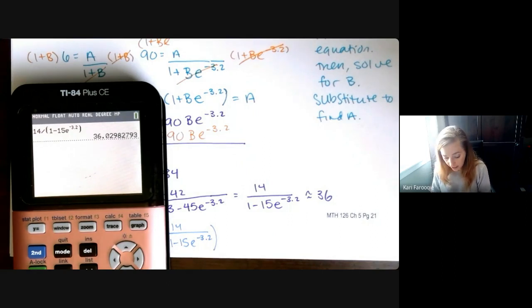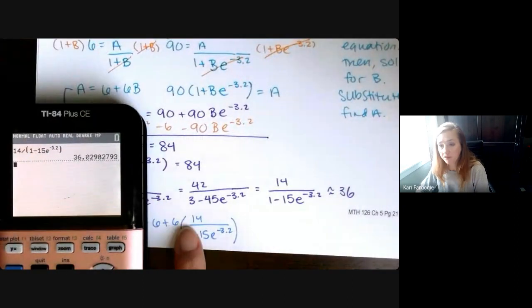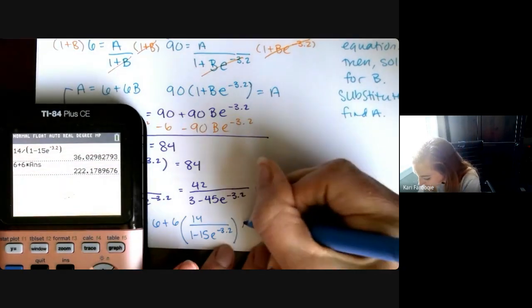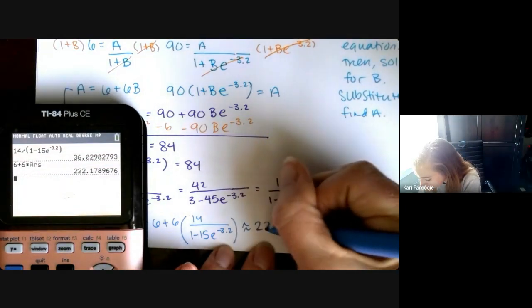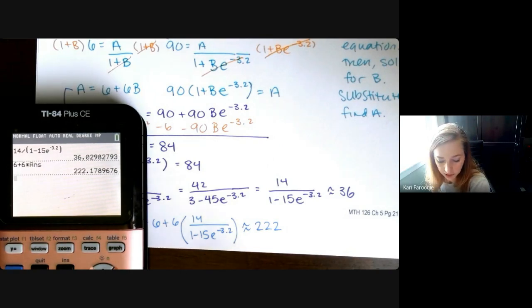And then for A, this is just going to be 6 plus 6 times that value. 6 plus 6 times the answer. And you'll get about 222. And you can leave that. I know. With the logistic model, round at the end.